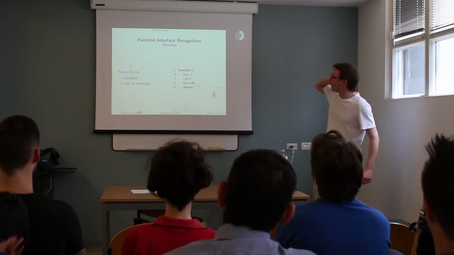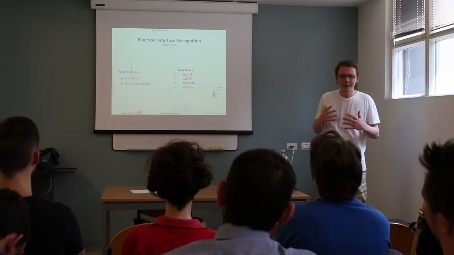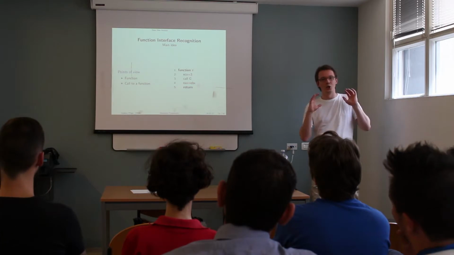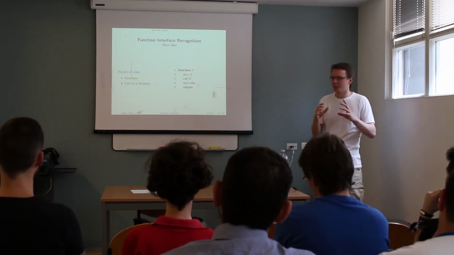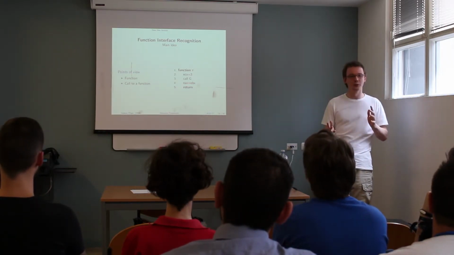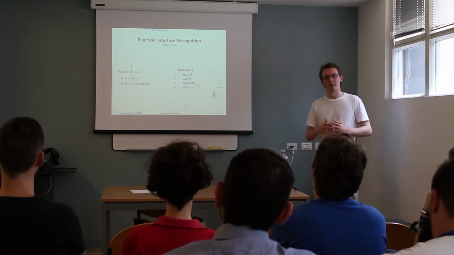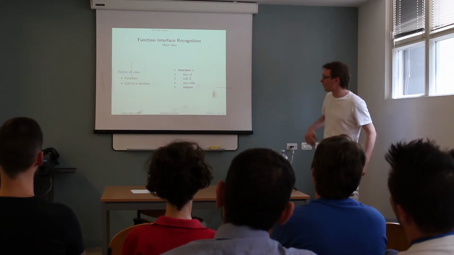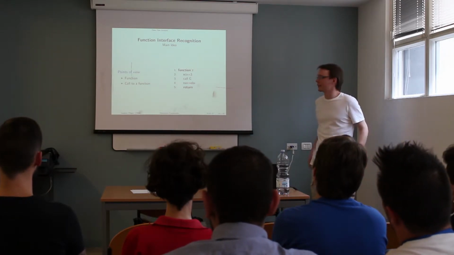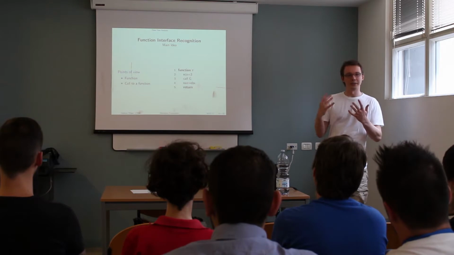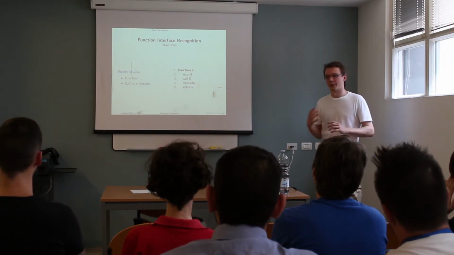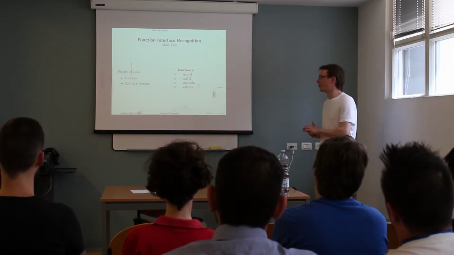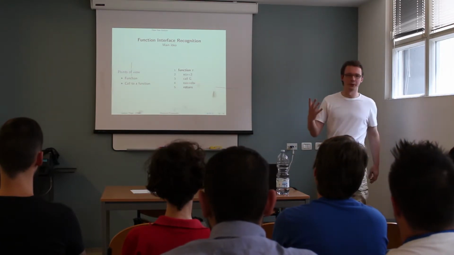And with that in mind, the main idea behind function interface recognition is that you can look at the function interfaces from two different points. You can look at it at the function level. So the function in this little example on the right side, the function f, you can investigate what are the arguments of f if you look at the instructions of f. And the same holds not only for the arguments but also for the return values.